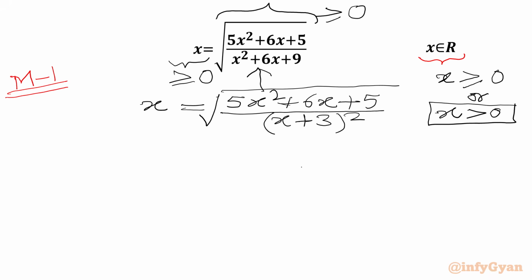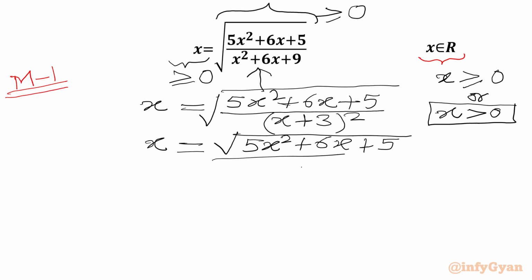Square cannot be negative and numerator doesn't have a real solution. So we can write x should be equal to square root of 5x square plus 6x plus 5 over square root of x plus 3 whole square.